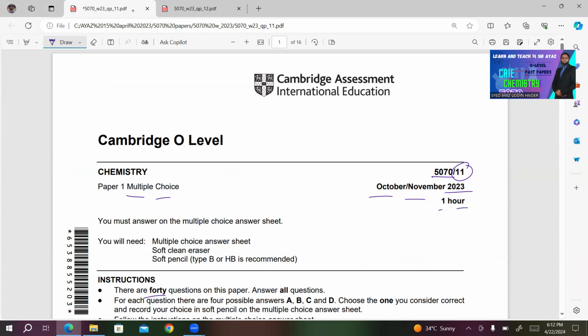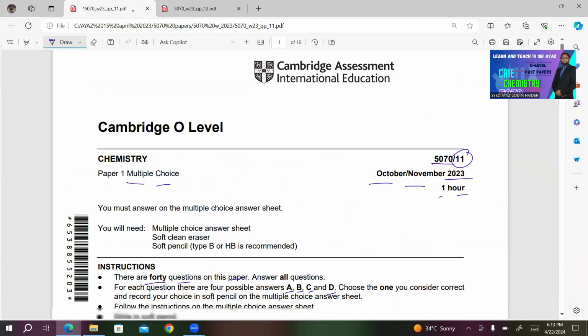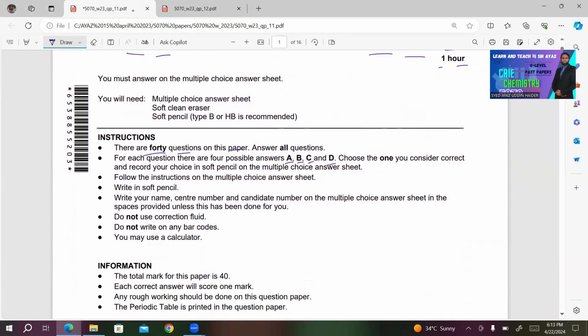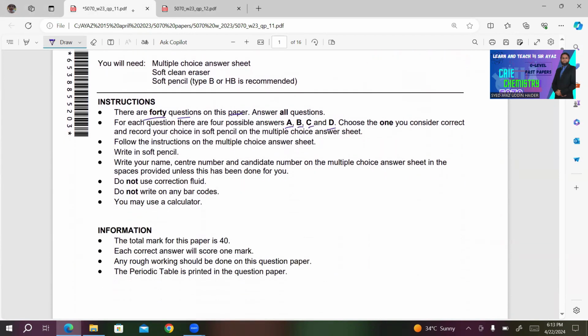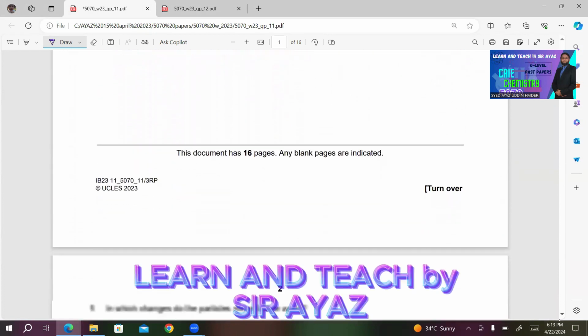There will be 40 questions on this paper, and there are 4 possible answers, A, B, C, and D. You have to choose one of the correct answers. Total mark for this paper is 40. Periodic table is printed in the question paper. So let's start the paper.